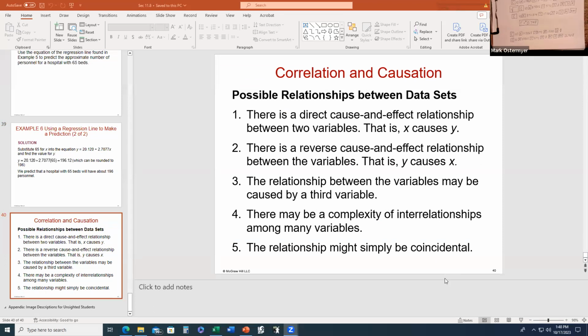The answer is no. Just because two variables, X and Y, are strongly correlated does not mean that they are basically cause and effect for each other. Very important. It could just be coincidental that X and Y are correlated with each other, when in reality they have nothing to do with each other.